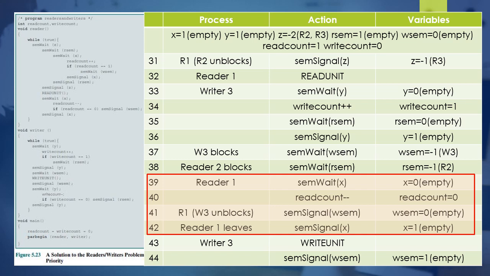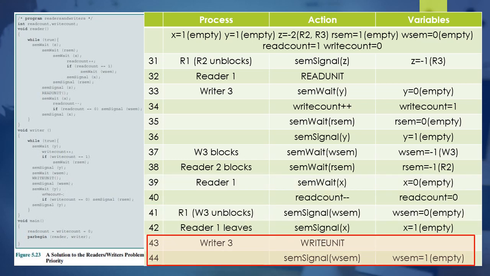Finally, reader 1 does a signal on X, X goes back to 1 and reader 1 leaves the system. Who is active in the system now? Writer 3. Writer 3 starts writing on the file. When it has finished writing, it issues a signal on WSIM and WSIM goes back to 1.